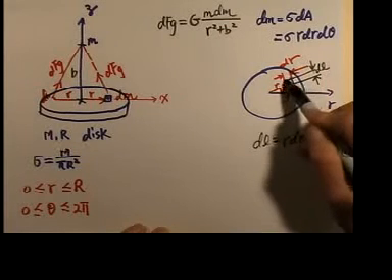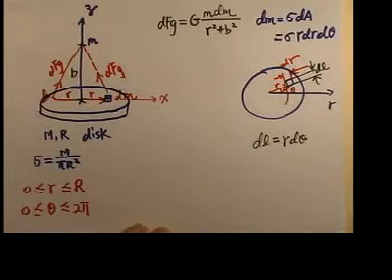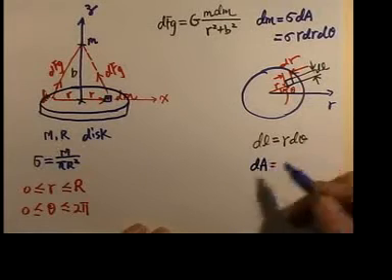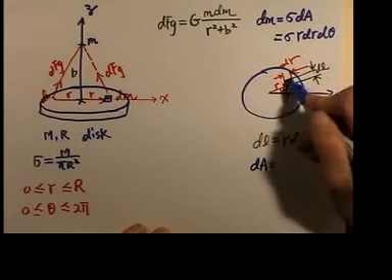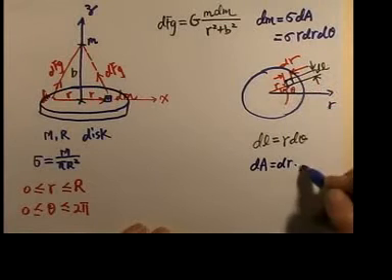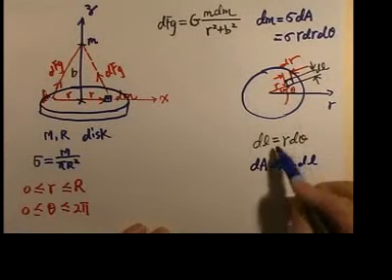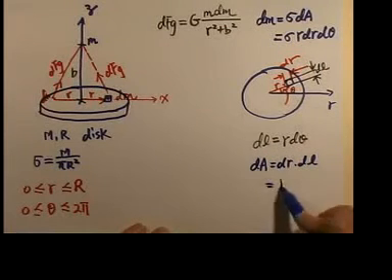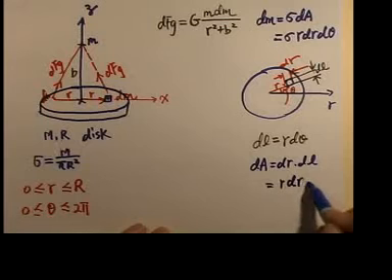And then this is dr. Since this is a very small slice that we consider a rectangle, the area is simply length, dr, times width, dl, and we plug in dl as r d theta. So the combination comes out as r dr d theta.